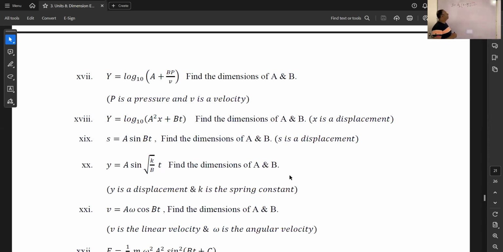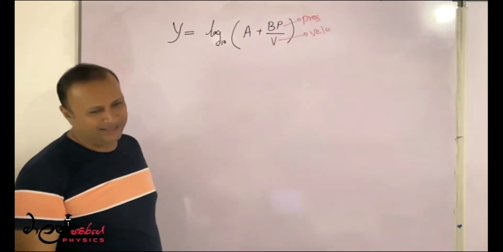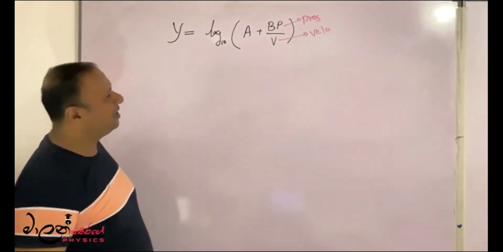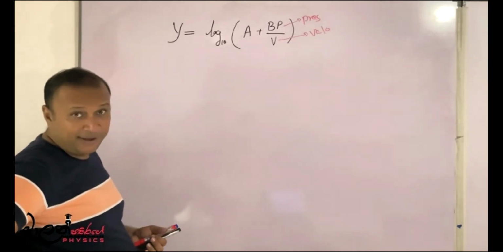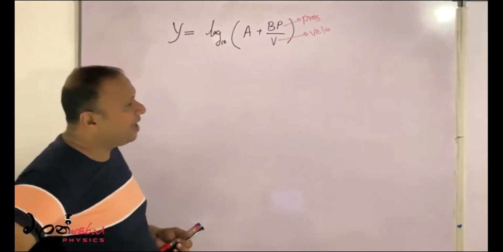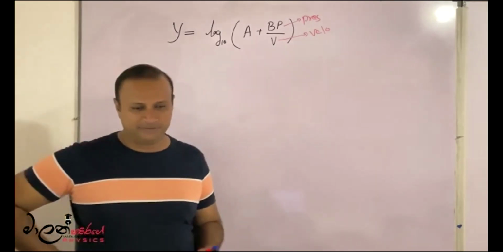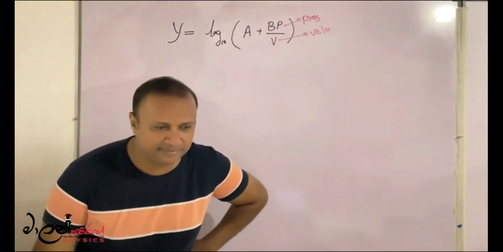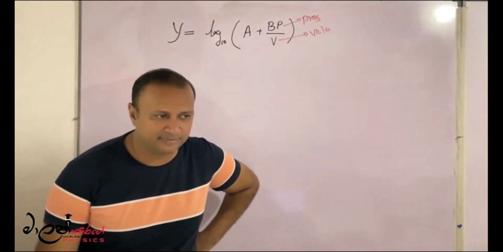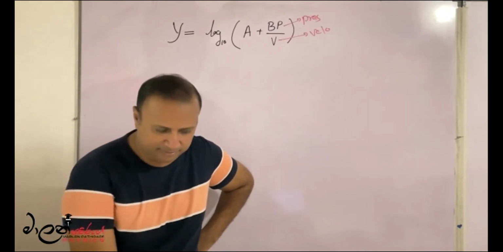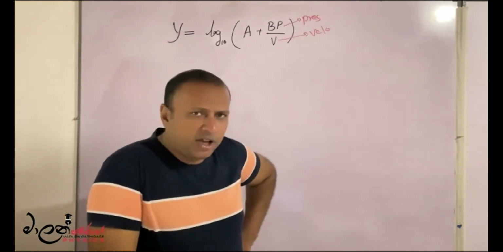All right. Now tell me, what is the dimension of A? What is the dimension of A with the argument? 1, because the inside function of a log is a number, and when terms are added or subtracted, they have the same dimensions. So what is the argument?